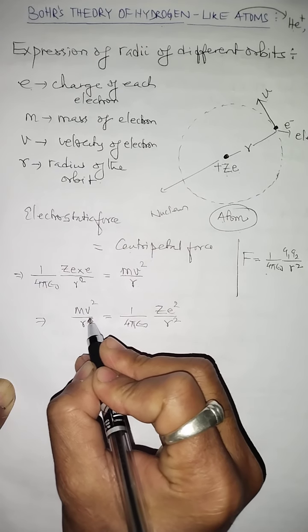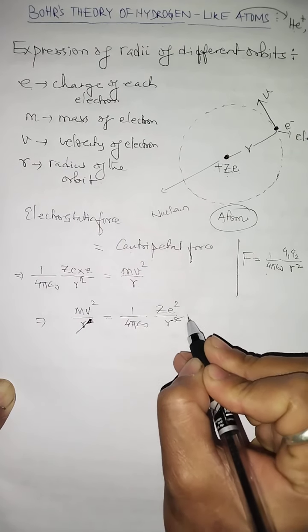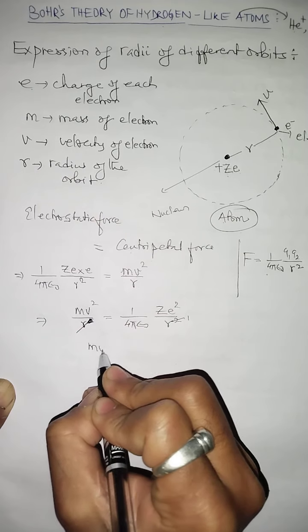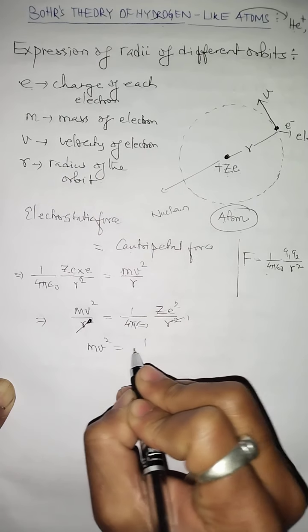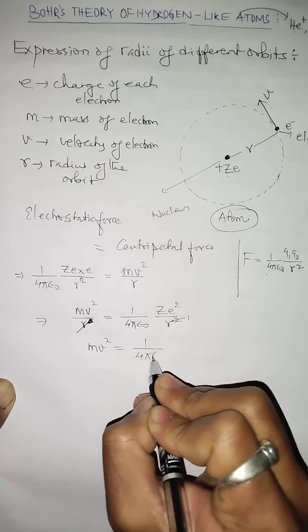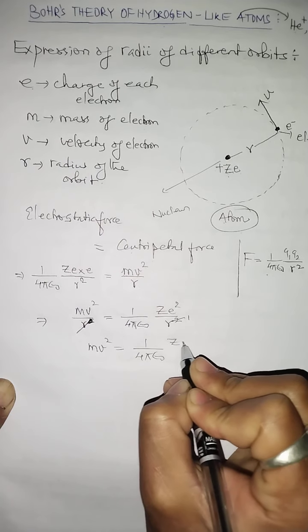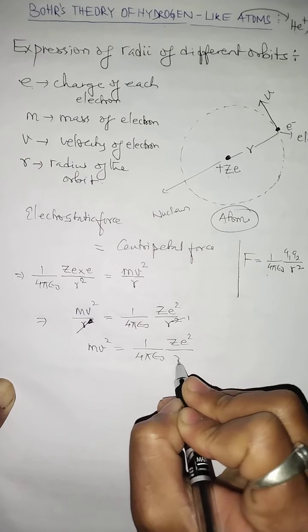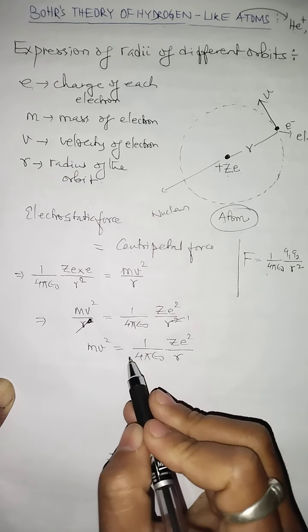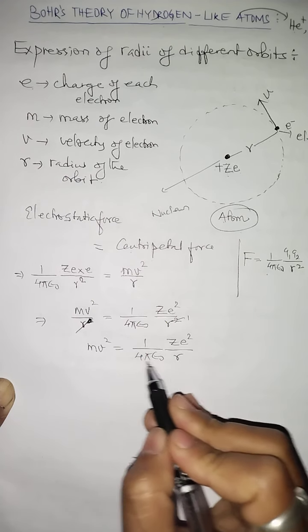We can do the cancellation, one r and one r cancel out. So mv square equals Ze square by 4 pi epsilon naught r.